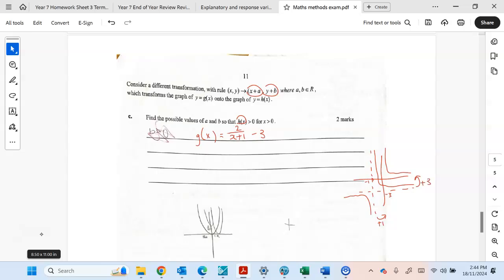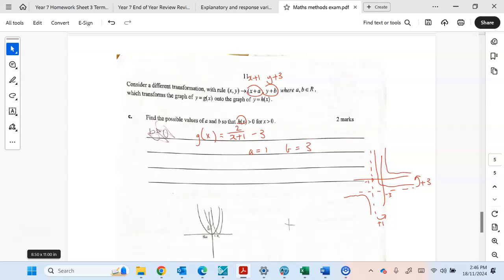So our x plus a, we want that to be x plus 1, and y plus b, we want that to shift up 3. We probably don't really need to write it into our function notation because we should be able to just put it straight into our function as it is. All right, I was actually rewriting the thing, but we only have to find a and b. So that means a is equal to 1 and b is equal to 3.